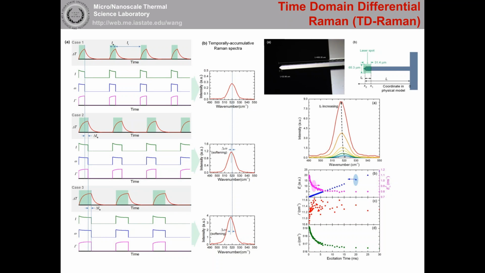This local temperature rise is determined by the thermal diffusivity of the material, which is another very important property, so we can measure that thermal diffusivity. The sample we used is a silicon cantilever.